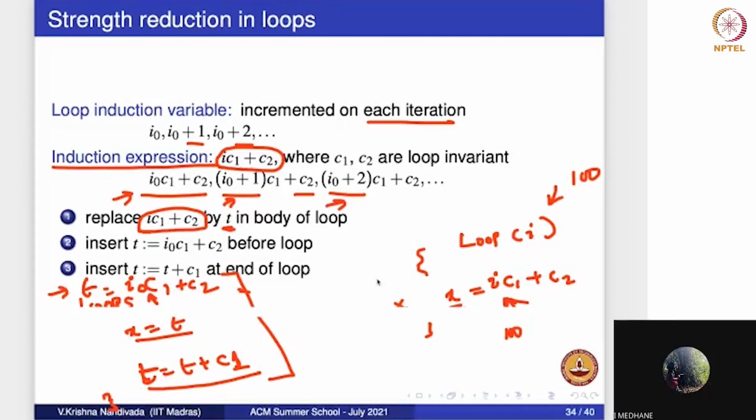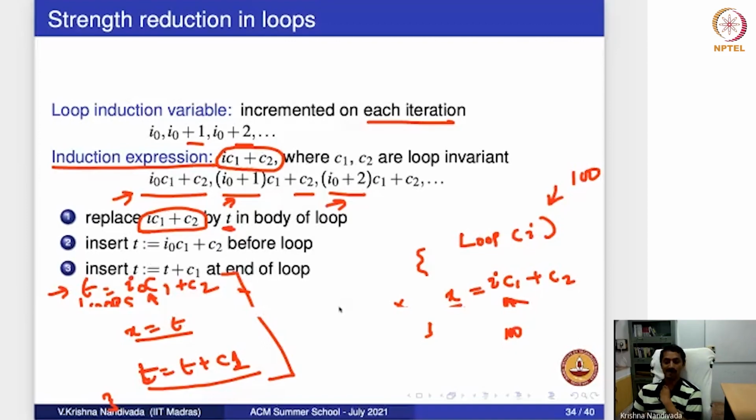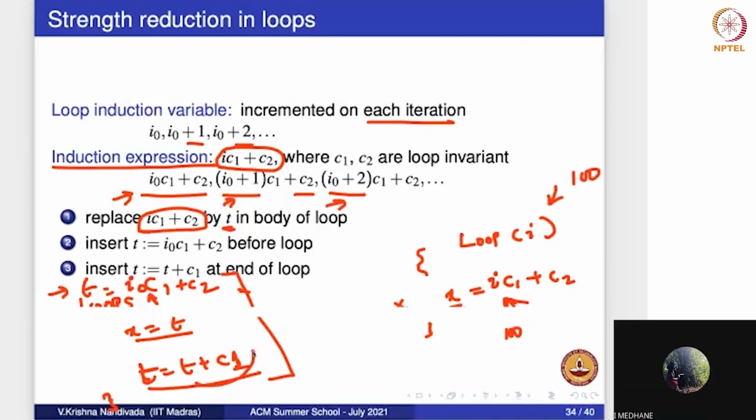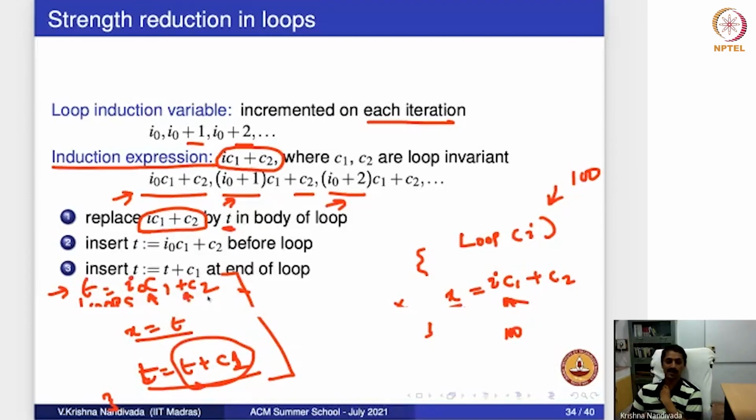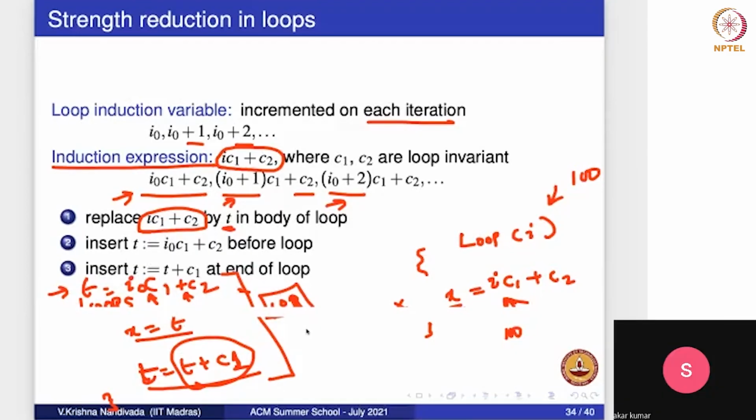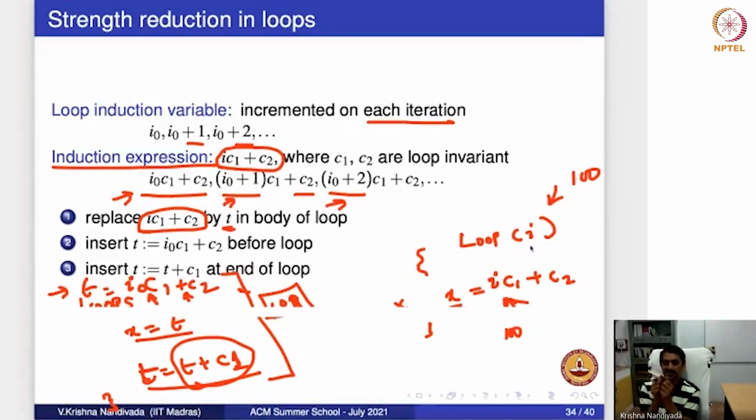How many additions do I have? 100 plus 1, 101. So I replaced 100 multiplications and 100 additions with 101 additions, and as you know, additions are much cheaper than multiplications. So this is called strength reduction.